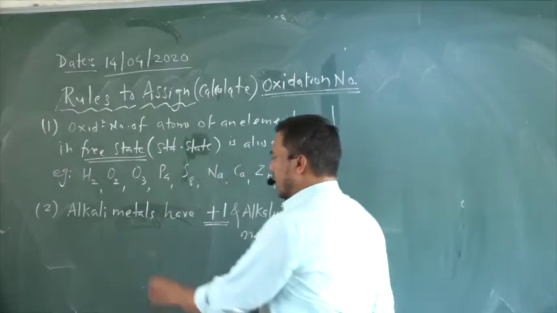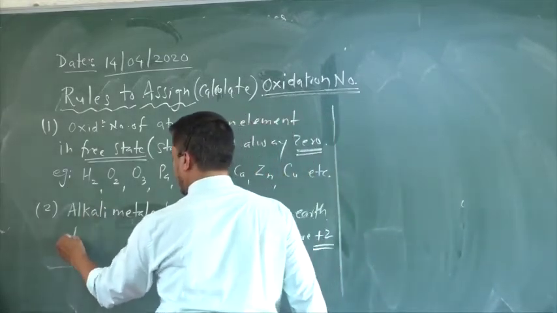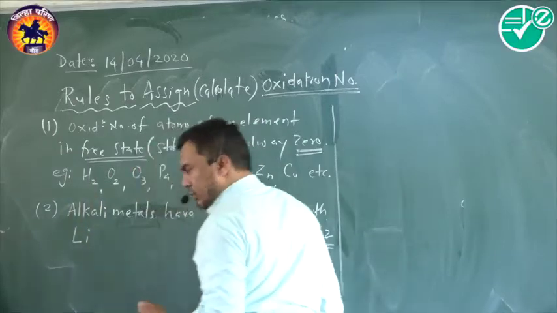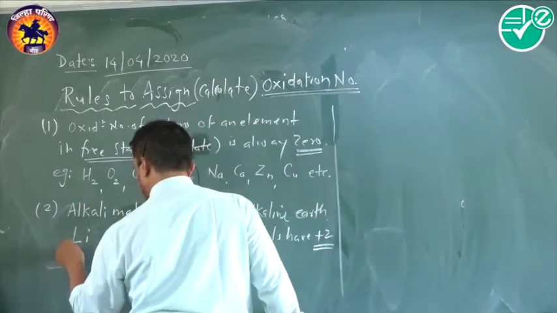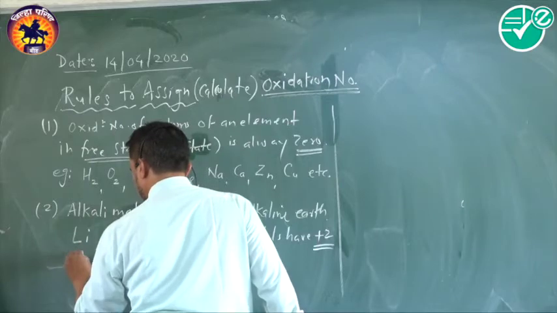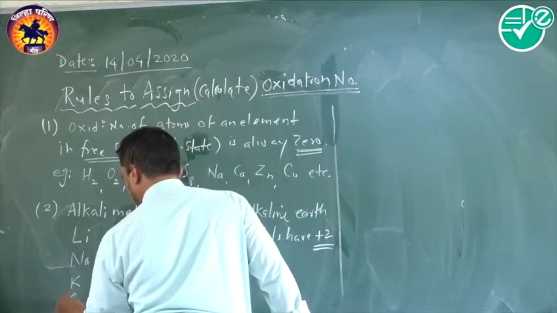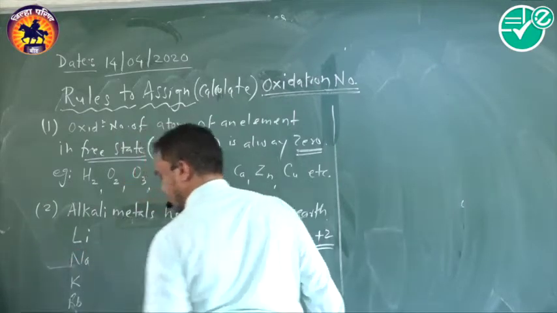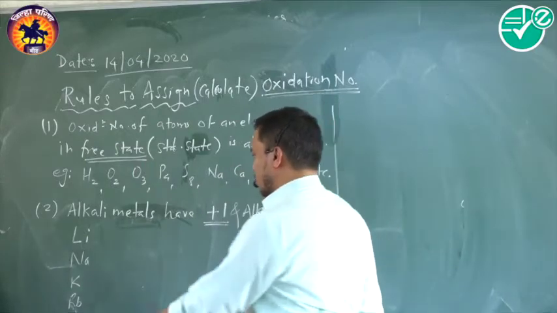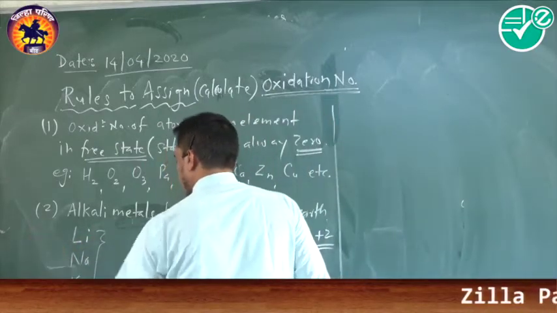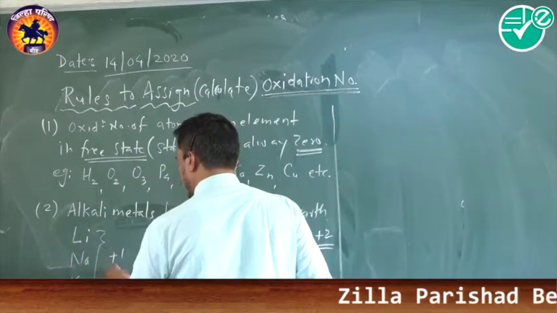What are those alkali metals? Lithium, the first element, then sodium, potassium, rubidium, and cesium. Francium is radioactive. These elements have +1 oxidation state.